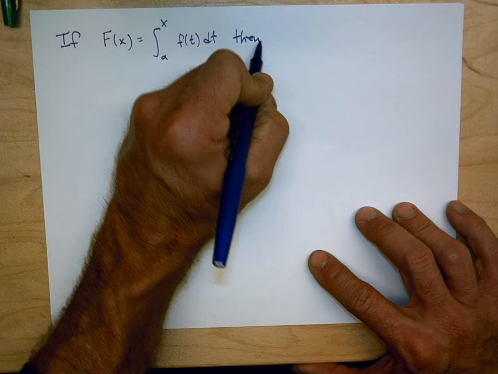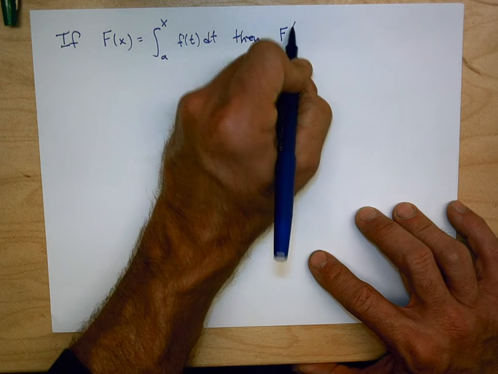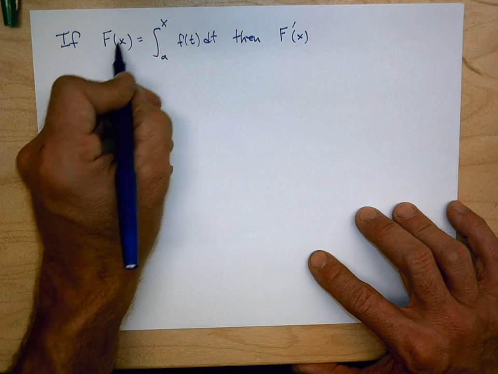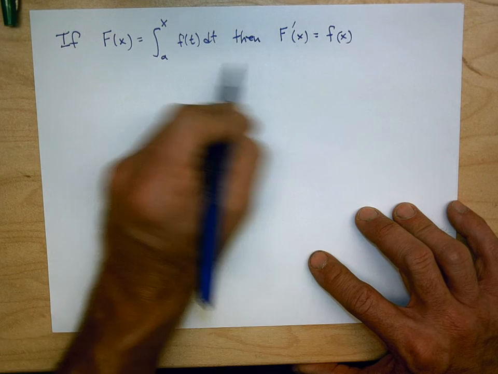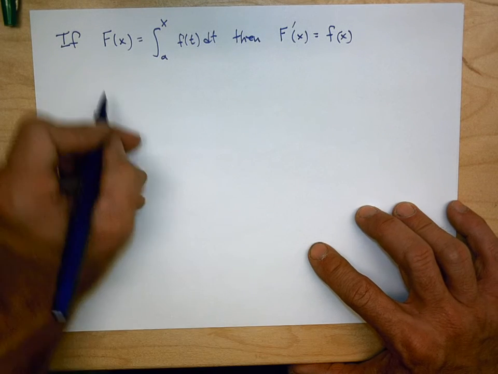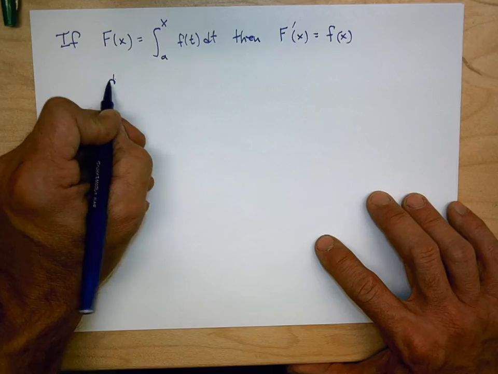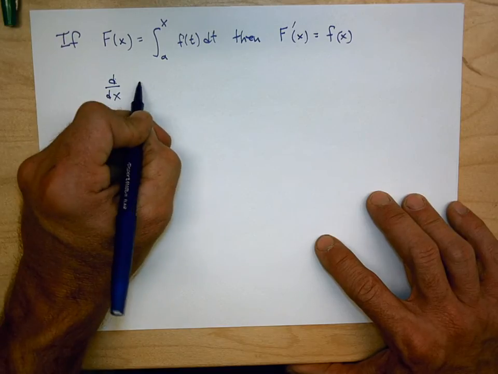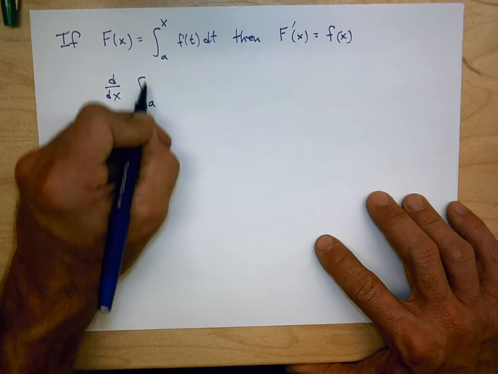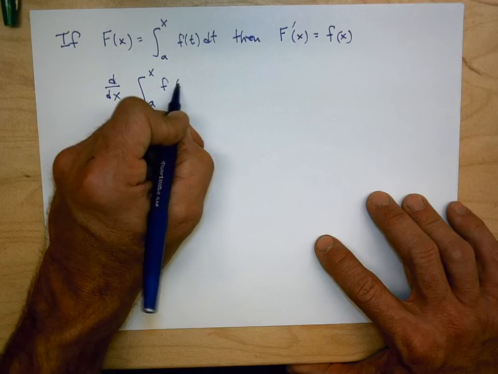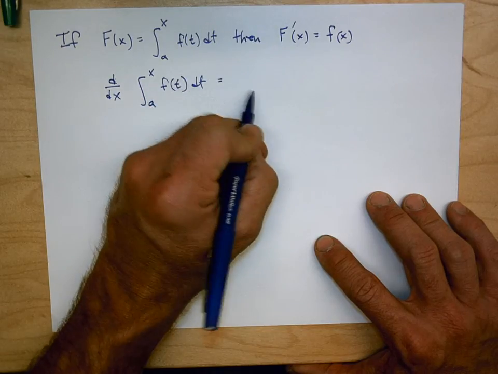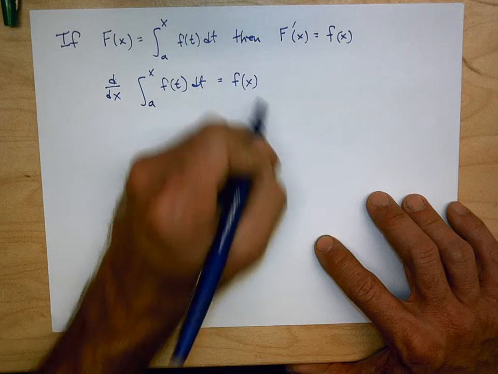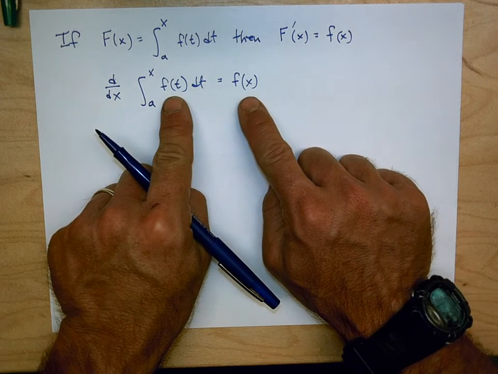Then the derivative of this is just this little f, all right? Another way to think of it is if I take the derivative with respect to x of this function, then I basically get back the same function, all right?